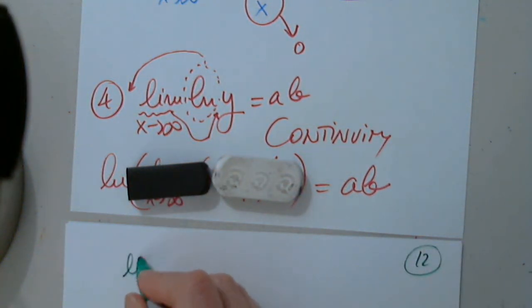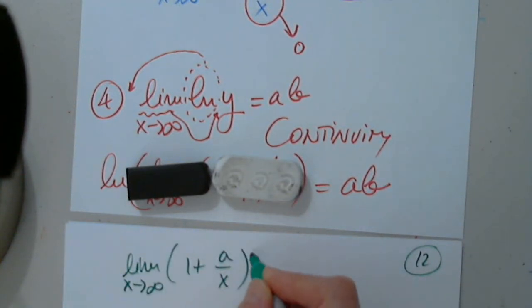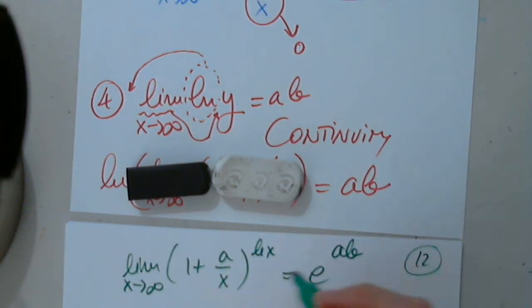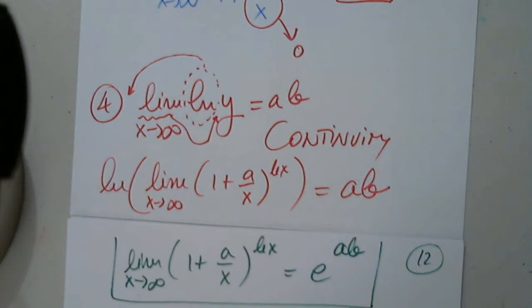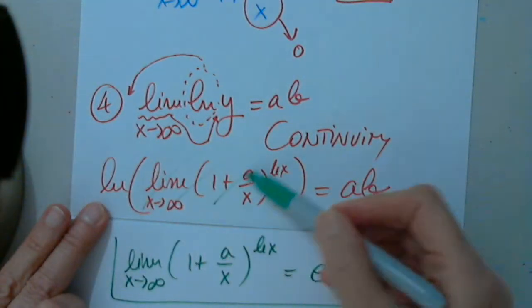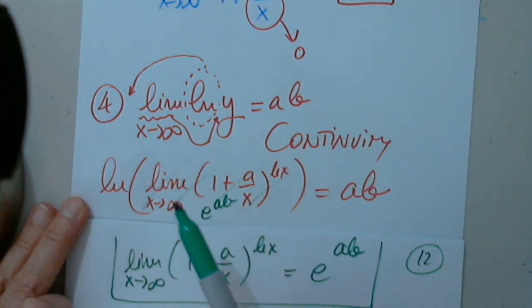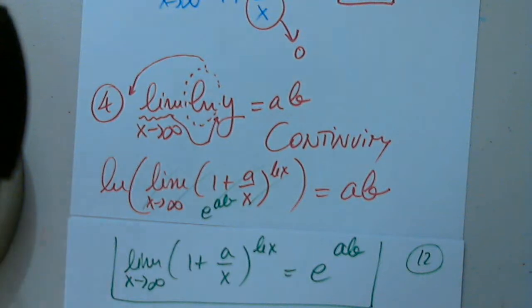So, limit as x approaches infinity, 1 plus a over x raised to bx equals e raised to ab. All this has to be e to ab. Natural log of e to ab goes in front, natural log e is 1.